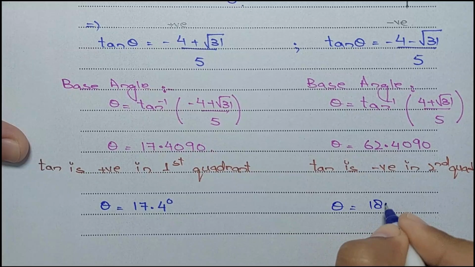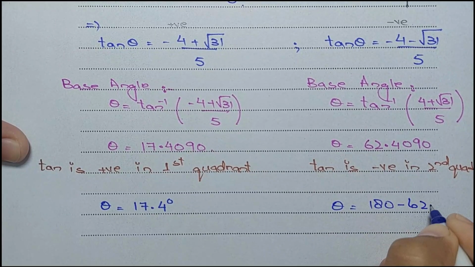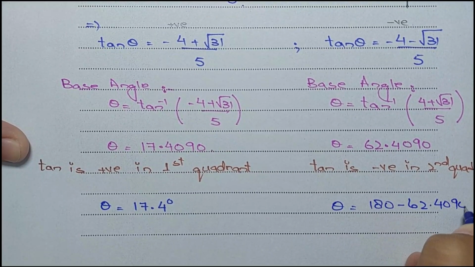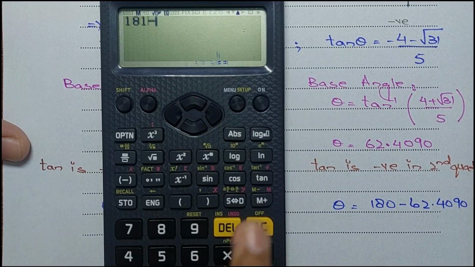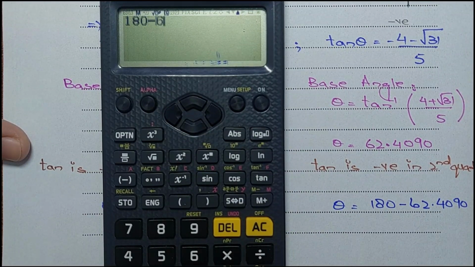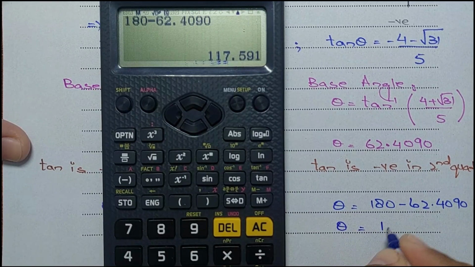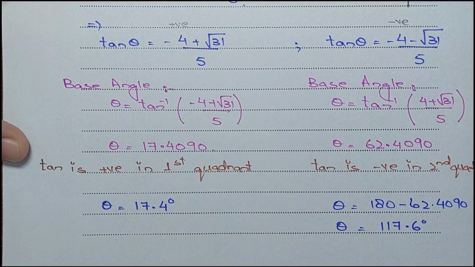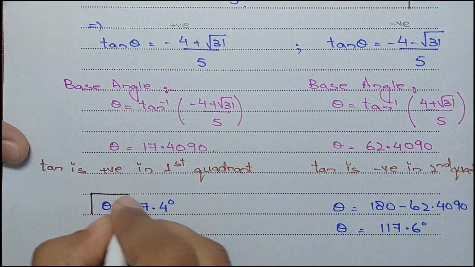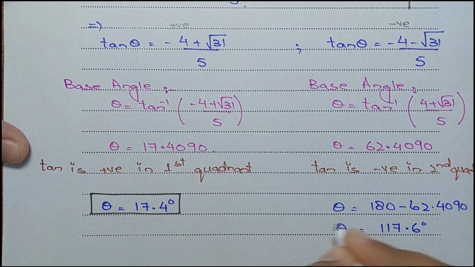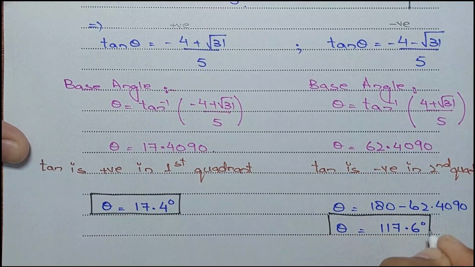Theta is 180 degrees minus the base angle, which is 62.4090. Okay, 180 minus 62.4090, theta is 117.6 degrees. So these are the two solutions in the range from 0 to 180 degrees: 17.4 and 117.6.